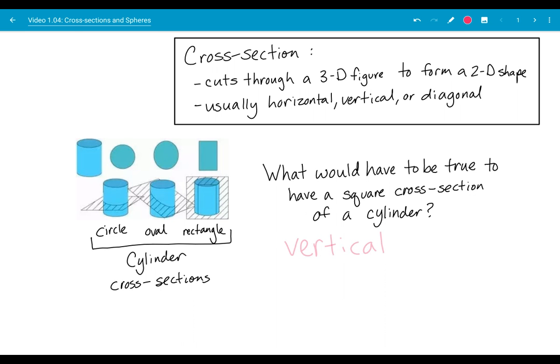And in order for it to be perfectly square, wherever you cut it, the width of that rectangle will have to be exactly the same as the height of the entire cylinder. So just a fun mental exercise is trying to figure out what different types of shapes are possible and what happens when we move that cross-section plane around.